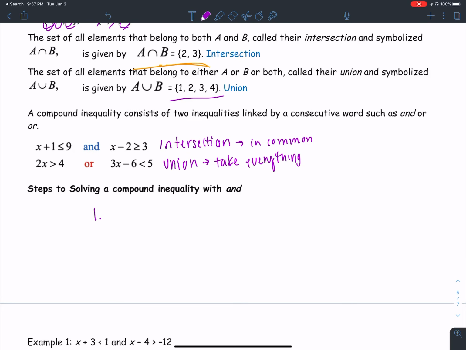Okay, so let's talk about ands first. Step one is to solve the inequalities individually.